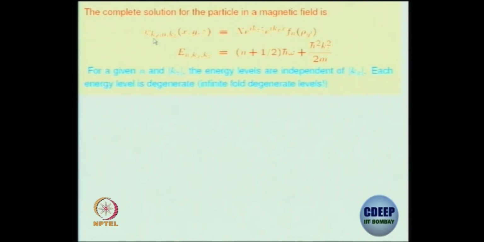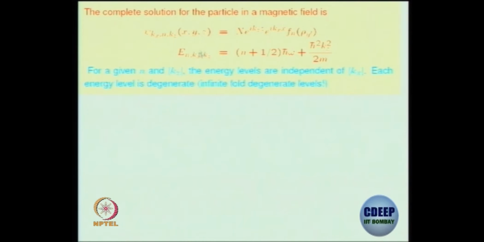The quantum numbers are not only n, you also have a kx and a kz, and the corresponding energy is the energy for an nth excited state in the y coordinate, but it can have a kx which is contributing to the energy in the x coordinate in general and kz.